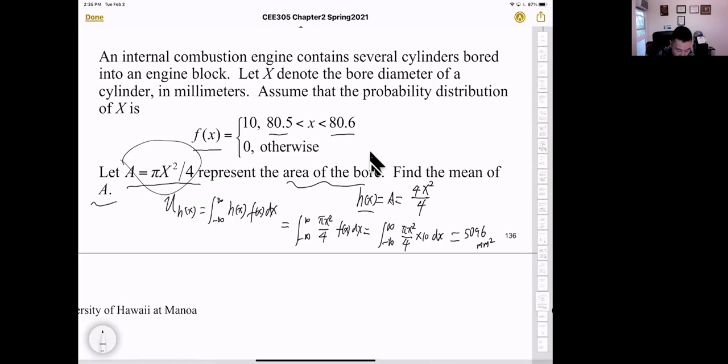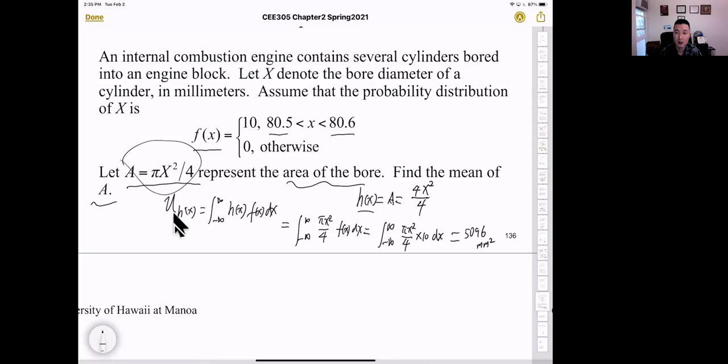Any questions about this example? A represents the area of the bore. Yes, it does. And because A is a function of x, we can use this equation to find the mean value of the function of x.